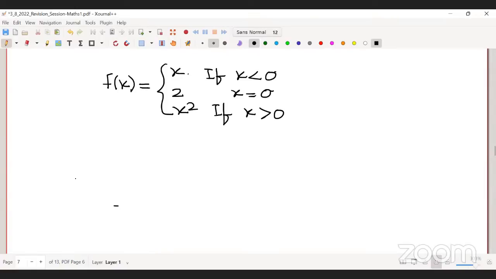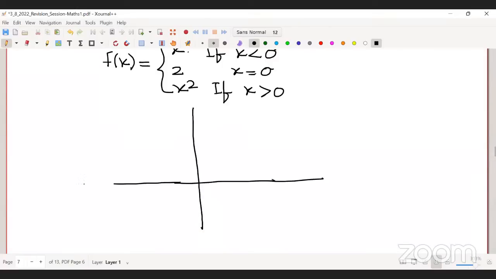Let me draw the graph of the function. If x is less than 0, the value of the function is x.